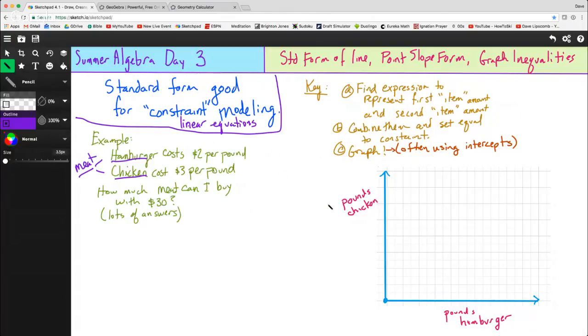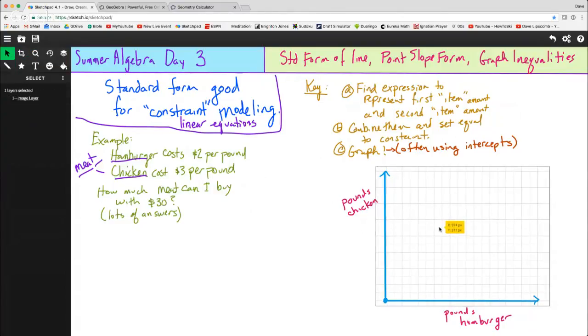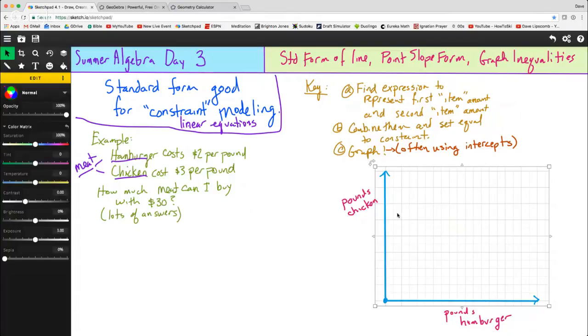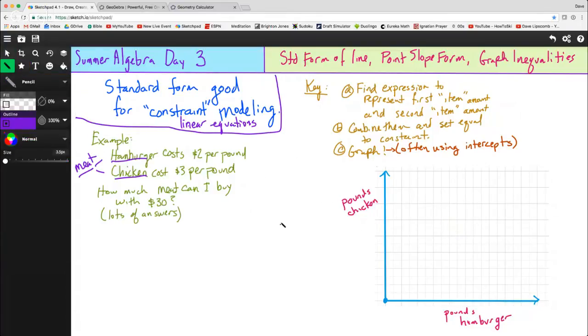The first thing you need to do is look over here and see that we want to graph the pounds of chicken versus the pounds of hamburger. So let me move this little chart to get it lined up right.